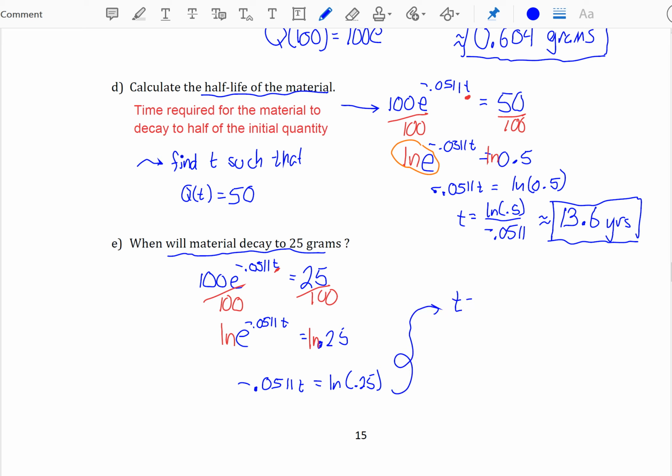Or t is equal to the natural log of 0.25 divided by negative 0.0511. Which, if you're confirming my calculations, should be about 27.1 years.